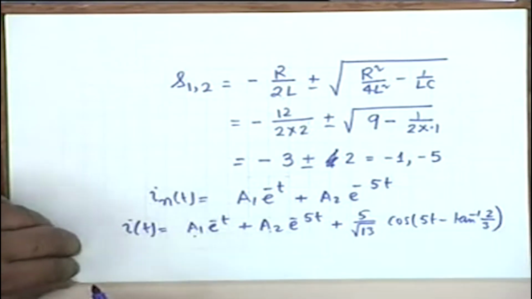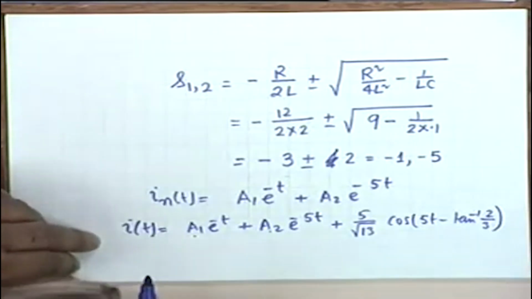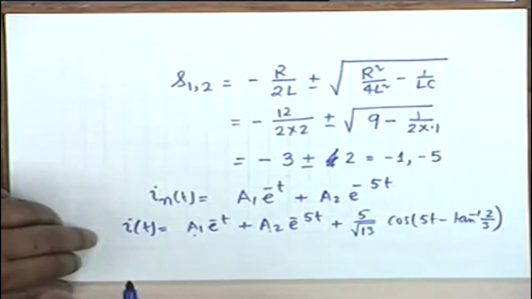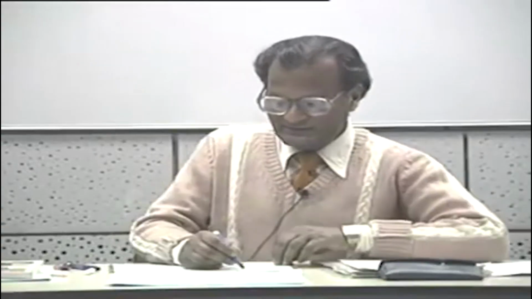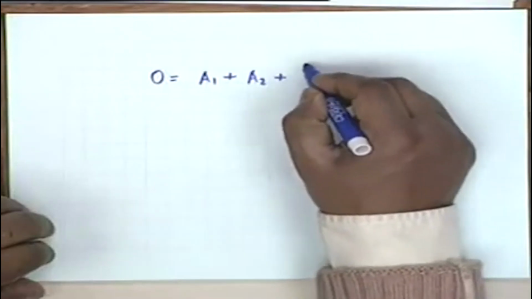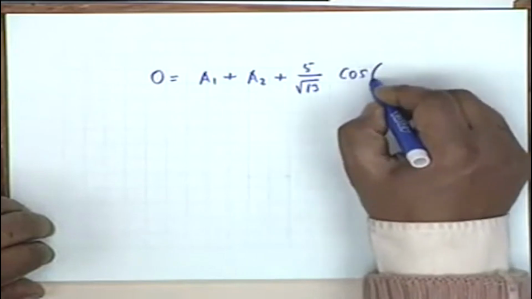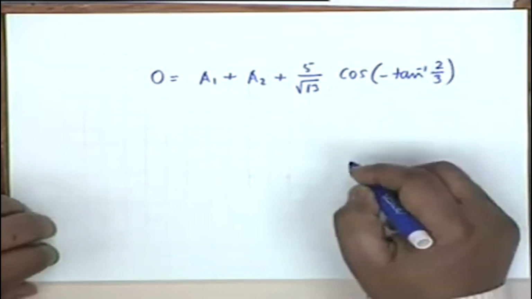Now what are the initial conditions? I of 0 shall be equal to 0 because the inductor current cannot change instantaneously, and therefore 0 shall be equal to A1 plus A2 plus 5 by root 13 cosine of minus tan inverse 2 by 3.